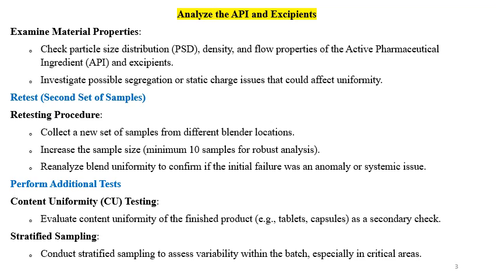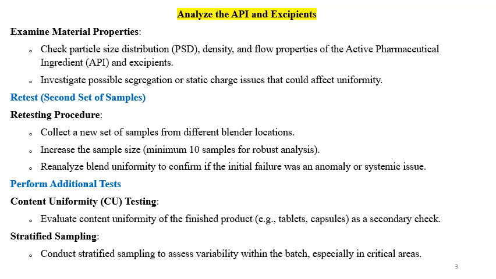Nowadays, only 10-sample sampling is done in the pharmaceutical industry, and these samples are tested for the assay. Reanalyze blend uniformity to confirm if the initial failure was an anomaly or a systemic issue. Once you check the second set, you will understand whether it is a sampling problem or a process problem.